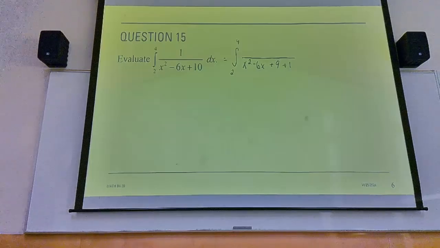But 10 is 9 plus 1. That bit there is now a perfect square.